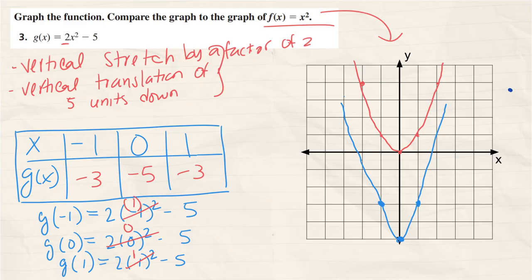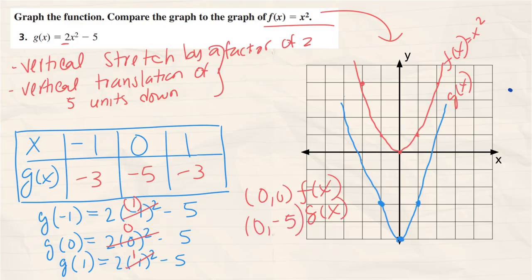I know in comparison, my f of x equals x squared and my g of x, my vertex of f is going to be 0, 0. But my g of x is going to be 0, negative 5. Okay. What else do I see? My axis of symmetry for both of them is x equals 0.